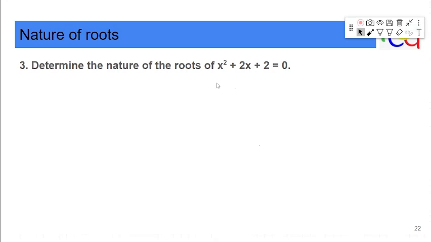So you guys can also work out this one. Minus 4, and it's no real roots. Yeah, correct.